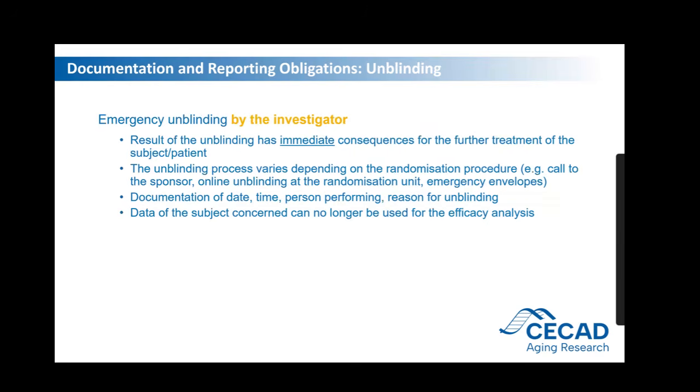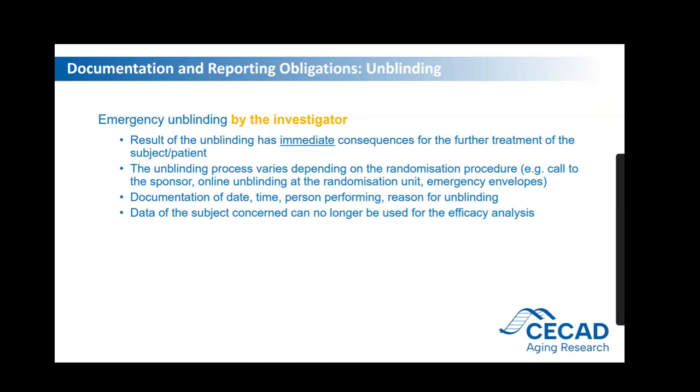That means emergency unblinding can be done by the investigator if it is absolutely necessary. So the result of unblinding has immediate consequences for the future treatment of the subject, of course. So if you're in an emergency situation and you immediately need to know what this person received in order to treat them properly, probably just rescue them, you need to unblind. And of course, this has immediate consequences.